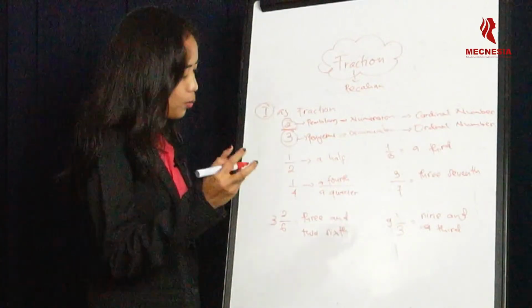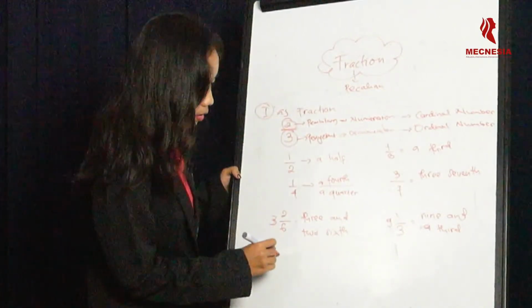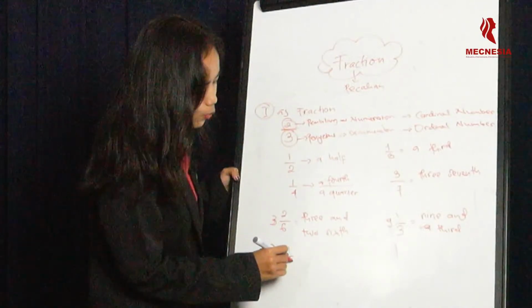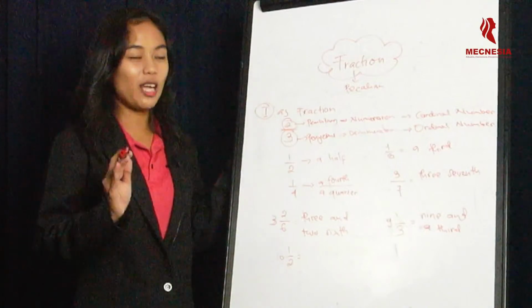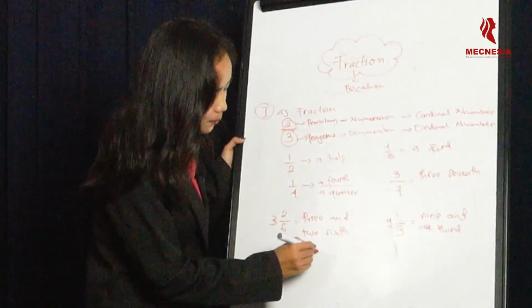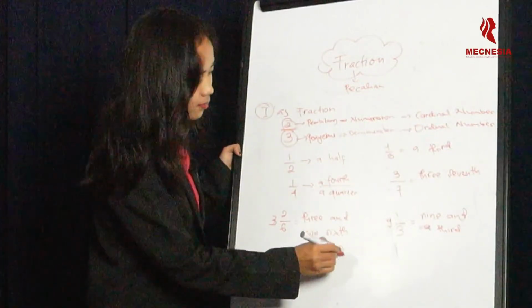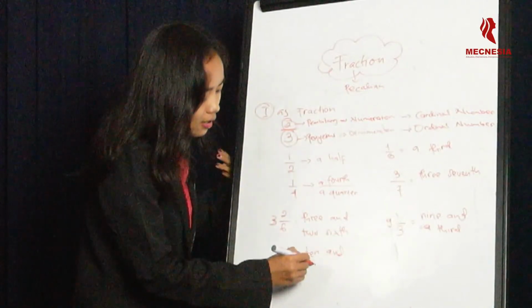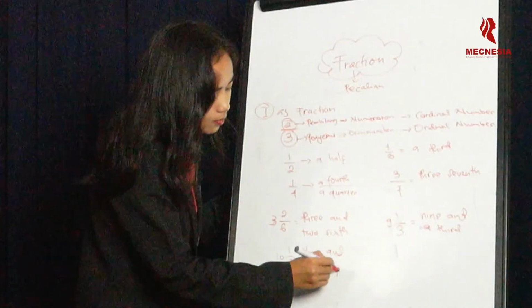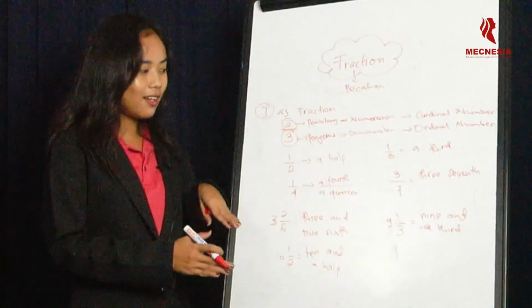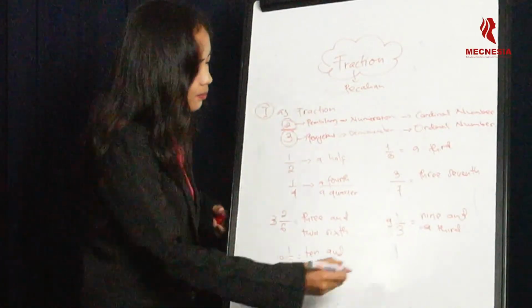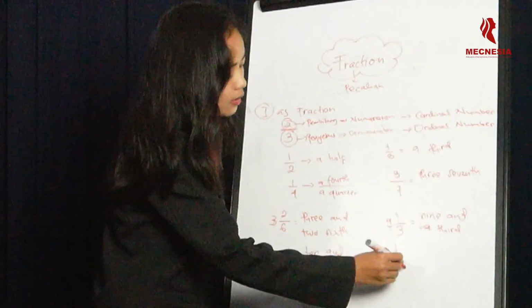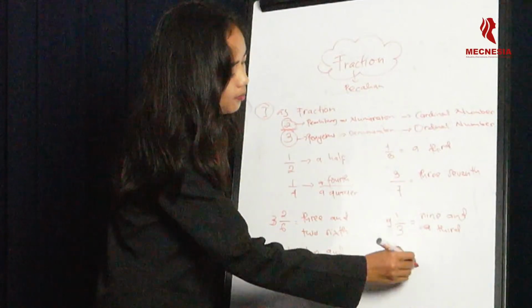Next, two more examples. 10 1/2. Berarti 10 and 1/2 tadi a half. Berarti 10 and a half. 10 and a half. Next, 2 1/4.